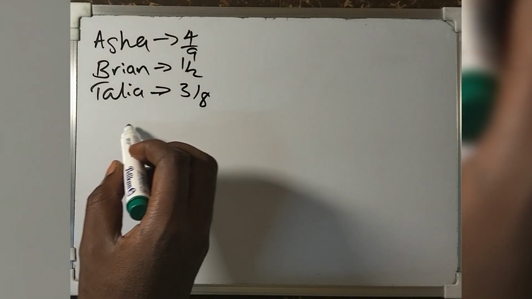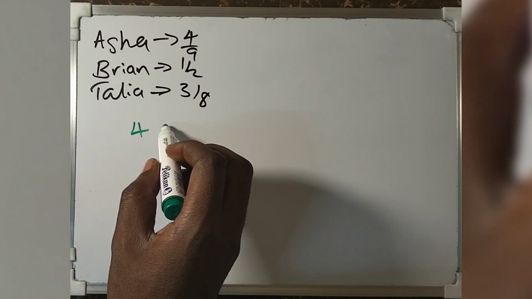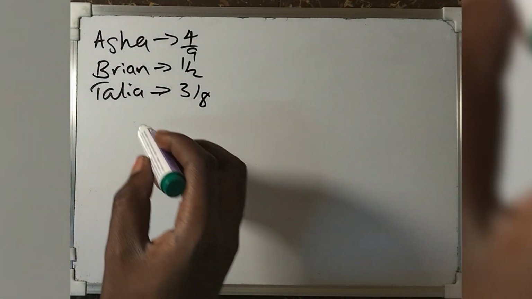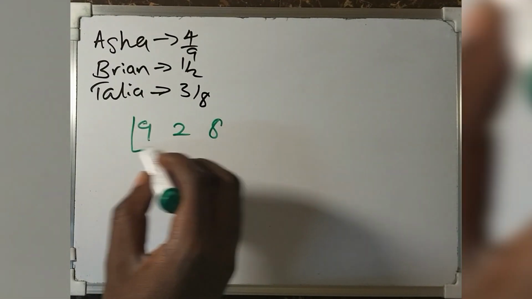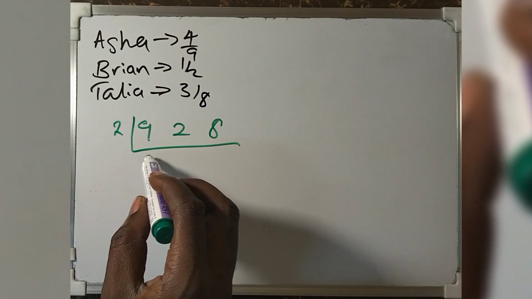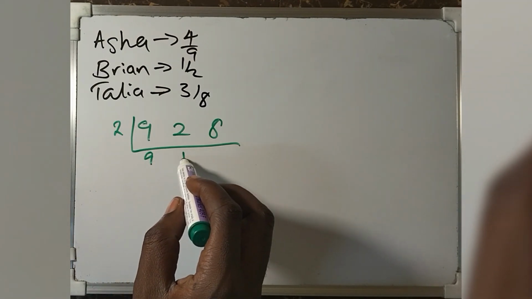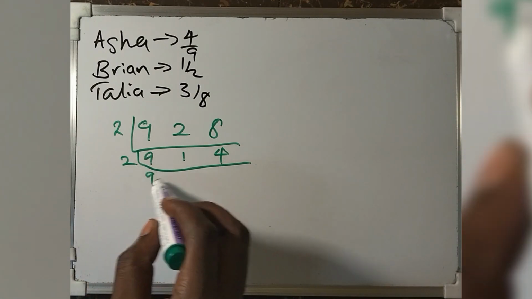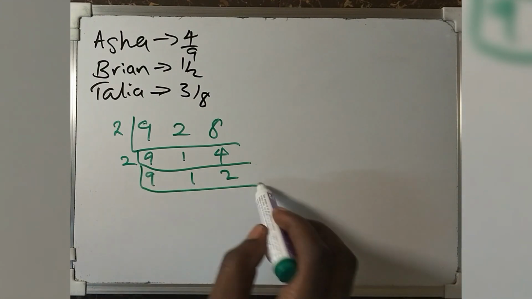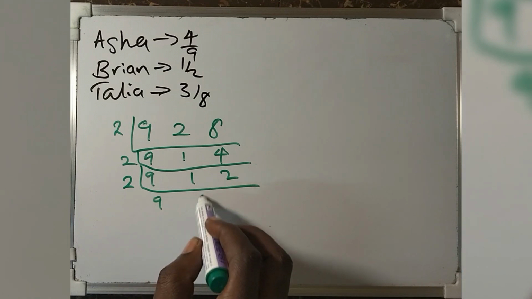We find the LCM of the denominators. We have the LCM of 9, 2 and 8. You have 2 here, you cannot divide 9, so it stays.